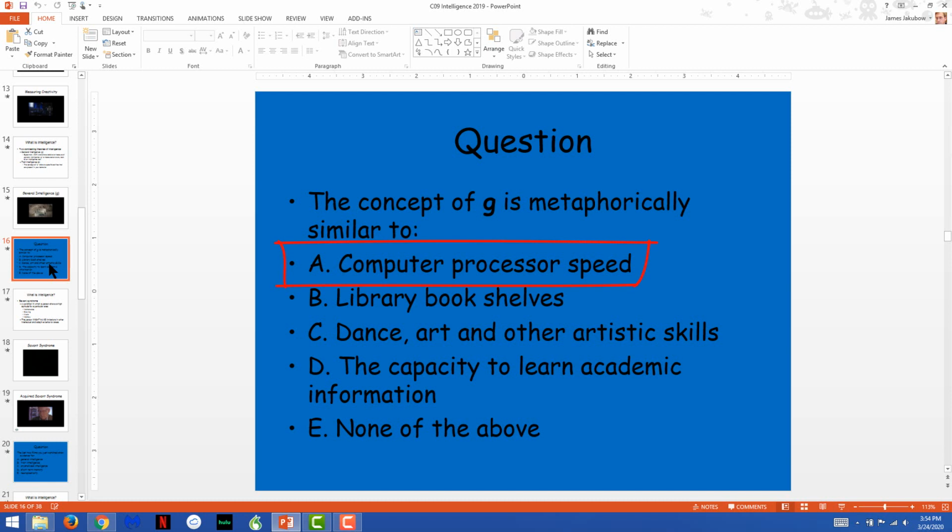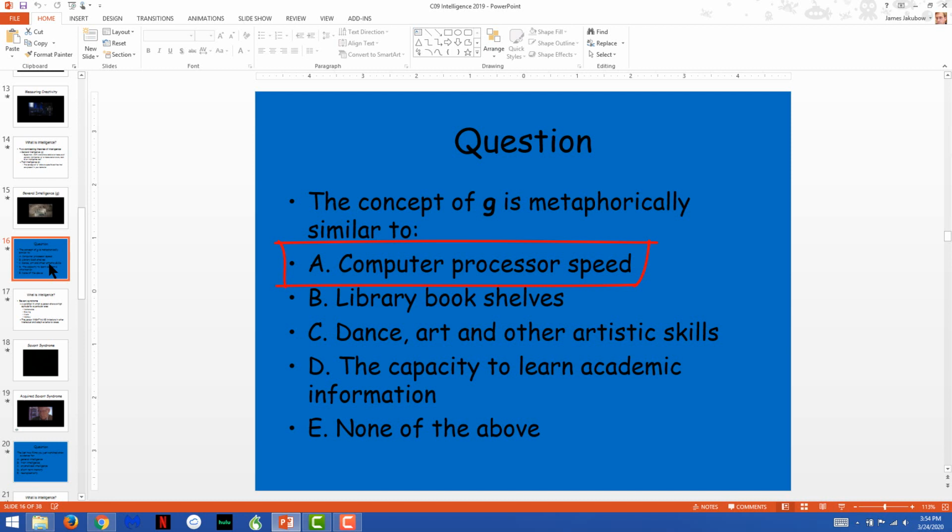The idea of general intelligence implies that there is an underlying process which affects all things that you learn. And if that process runs very efficiently, then you should learn more rapidly. And if it runs inefficiently, then you would learn more slowly.